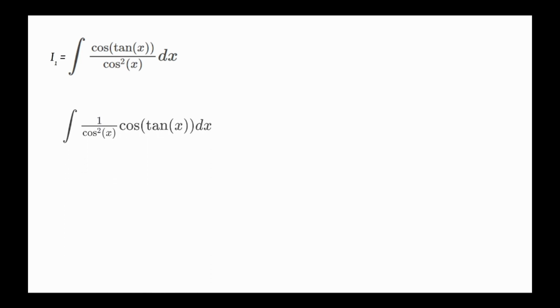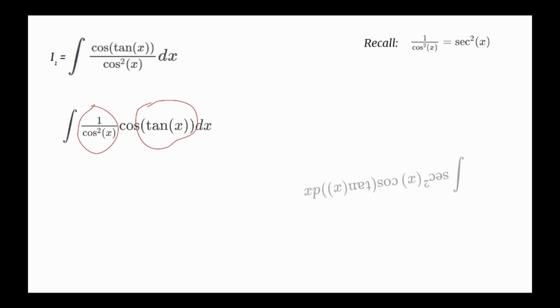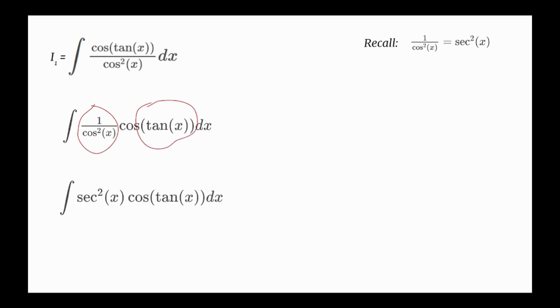So let's separate the numerator and denominator, and we'll notice that these two are here, which is sus, because if you recall that 1 over cosine squared of x is equal to secant squared of x, and that we'll rewrite into the integral like that, and this just looks prime for u substitution.